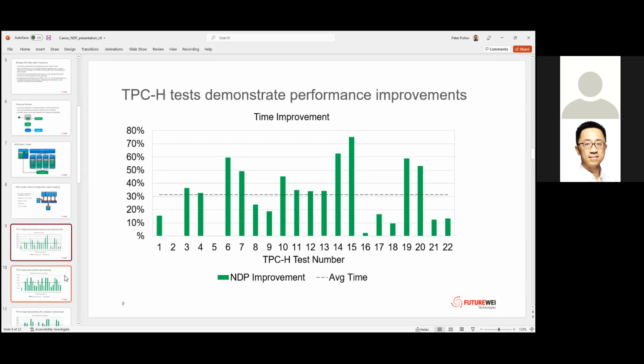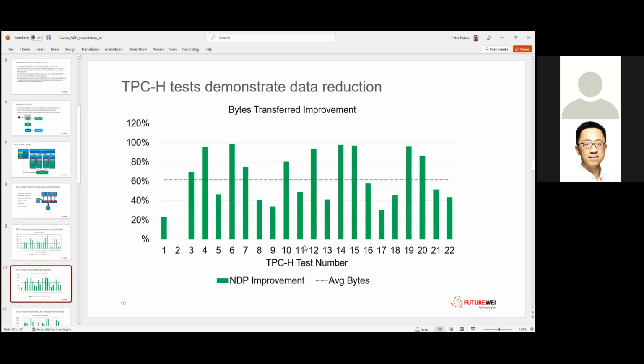To show how that looks, it's the same set of tests, but what we're charting here is the reduction of the bytes we have to transfer over the network while performing the tests, compared with the bytes which Spark transfers for the same test.